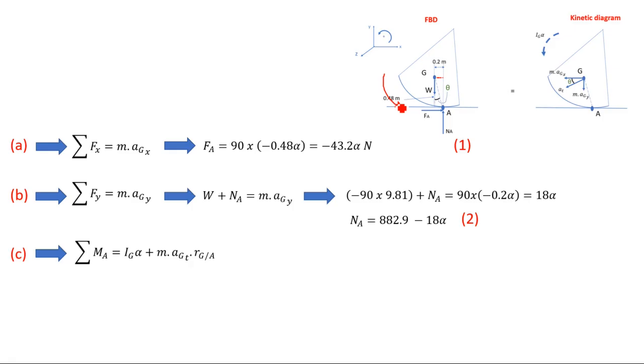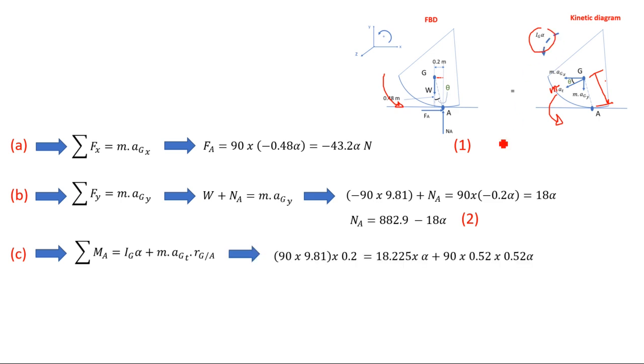On the other side, we're going to have the M multiplied by the At multiplied by the distance RG/A, which is 0.52. And this moment is going to be counterclockwise, so it should be positive. And the IG alpha is also positive. So I can put these parameters in, and I'm going to come up with this equation where the two alphas are unknown.